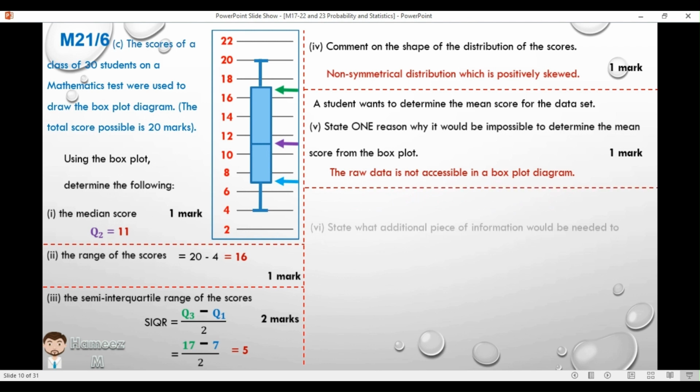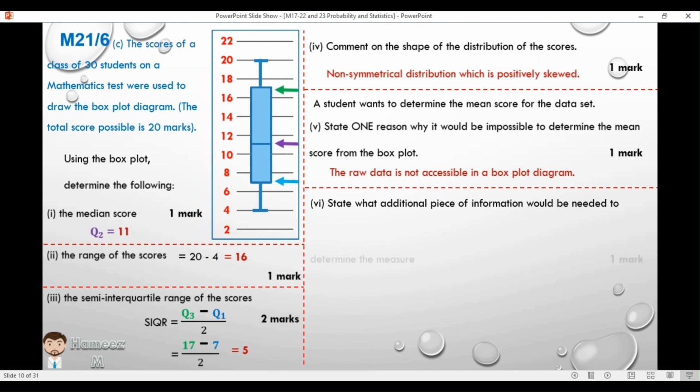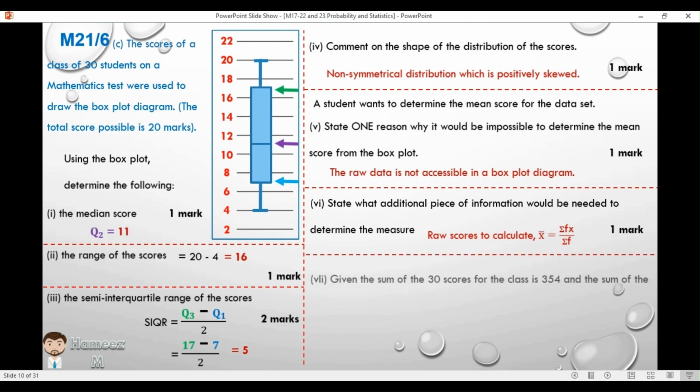So, in part 6, state what additional pieces of information would be needed to determine the mean. And in order to get the mean, x bar, we need the raw scores to calculate it because we require sigma fx over sigma f. And we now go on to part 7.